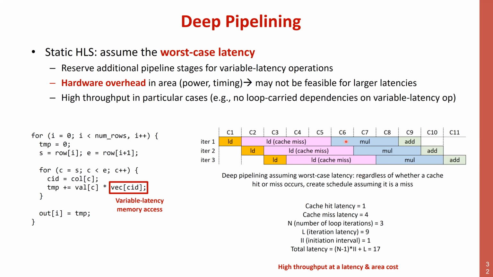And the fact that you have to take longer has only an impact on the individual iteration, but not on the initiation interval. You can initiate every cycle because add takes, in this hypothesis, only a cycle. So you get perfectly high throughput.